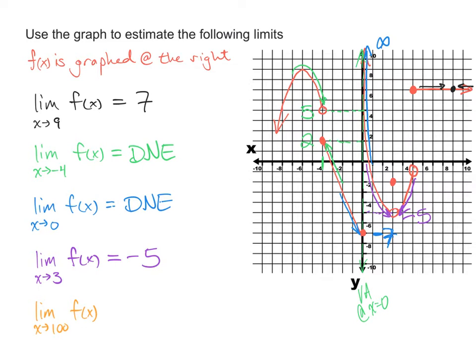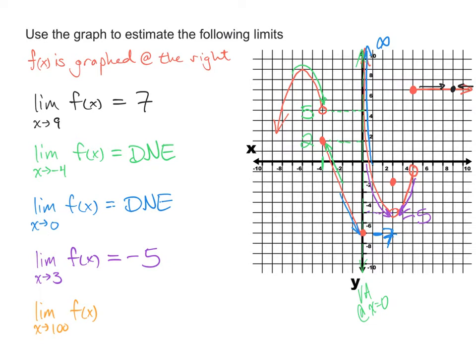And for this last one, I threw this in here just to have fun with some limits. In orange down here, I have the limit as x approaches 100 of f of x. And you might be saying to yourself, this graph over here cuts off at 10. How are we supposed to get all the way over to 100?